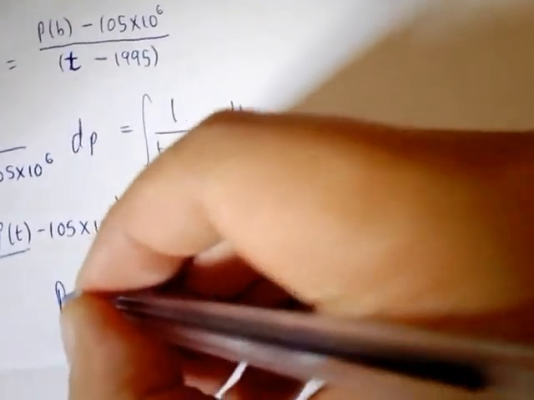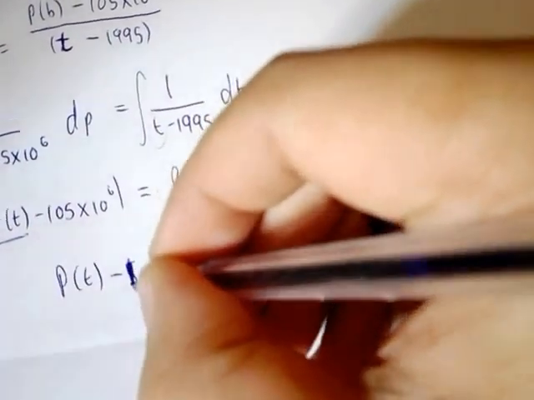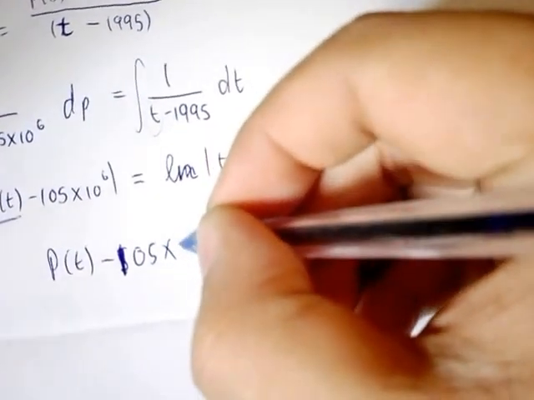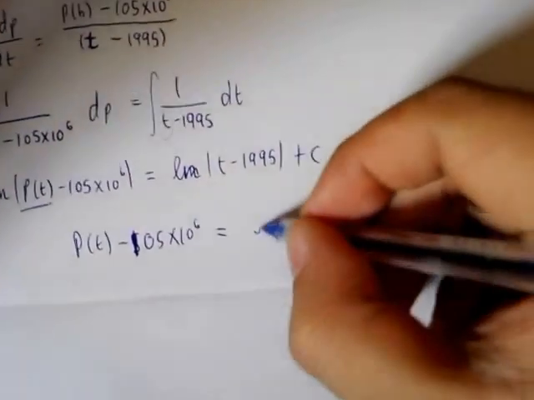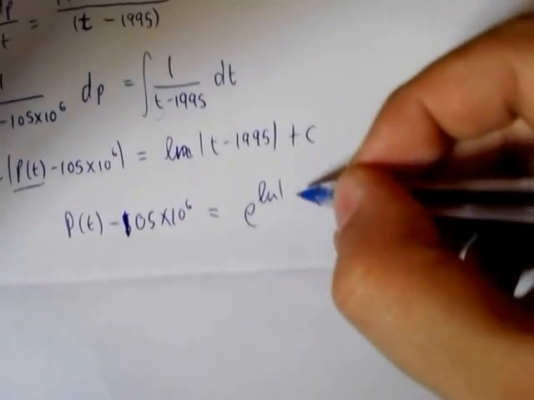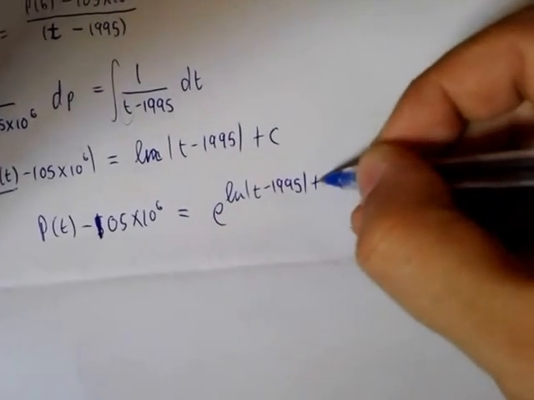So we'll end up with p of t minus 105 times 10 to the 6, which will be equal to e to the power of ln t minus 1995 plus c.